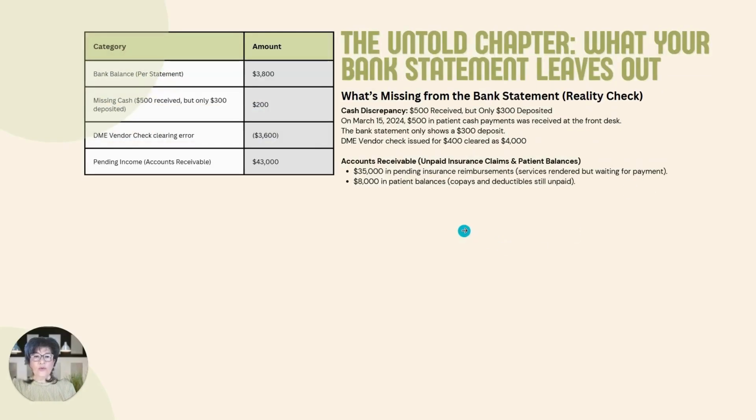Then we also have to take into account that you have money that's owed to you. It hasn't been collected, but it's still owed to you. And depending on what your collection ratio is, meaning how fast and how much you can collect on that money, depends on what you should be anticipating coming down the pike.